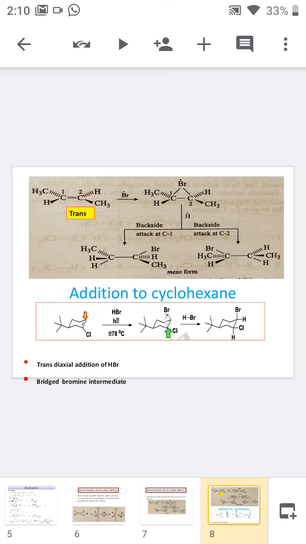So we will get this final product. This reaction is a trans diaxial addition reaction, and here we are adding HBr as the reagent. One of the specialities of the reaction is that a bromine-bridged intermediate compound is formed, and that is finally converted into the product. I hope that you understood the concept. Thank you.